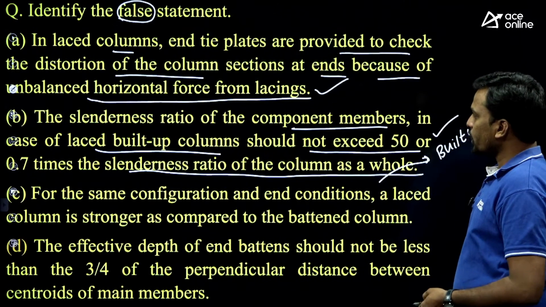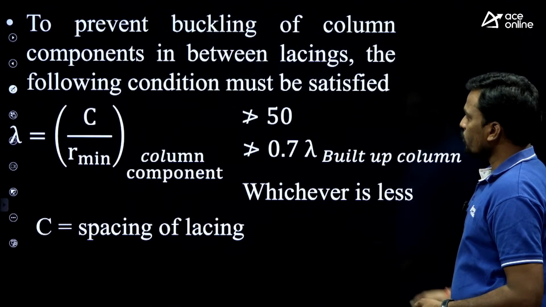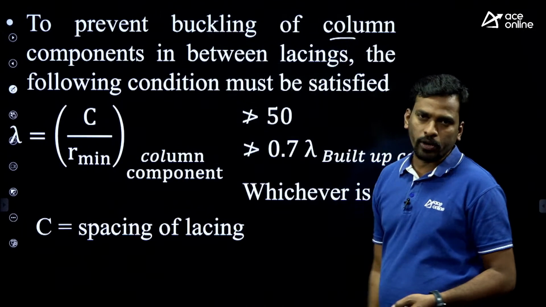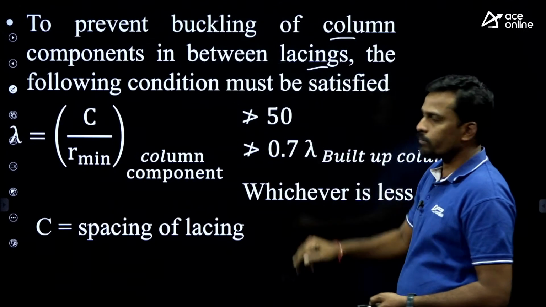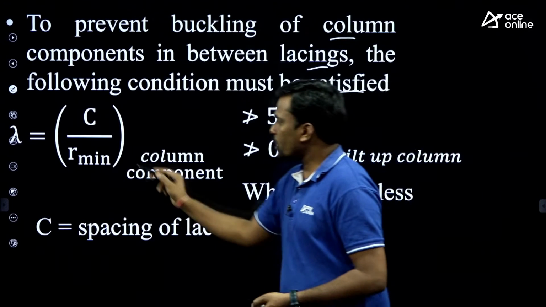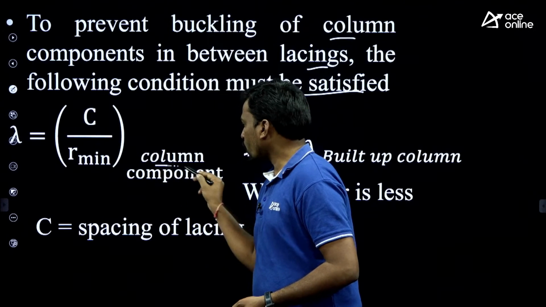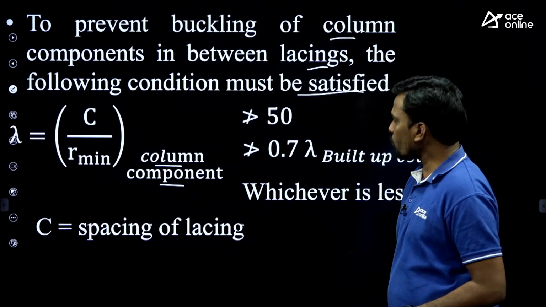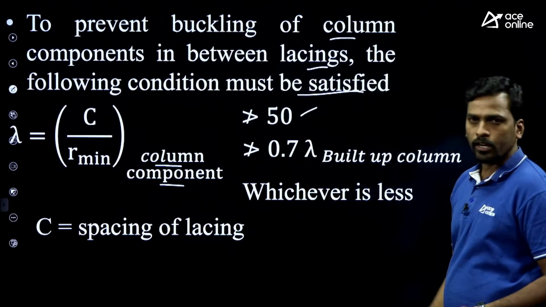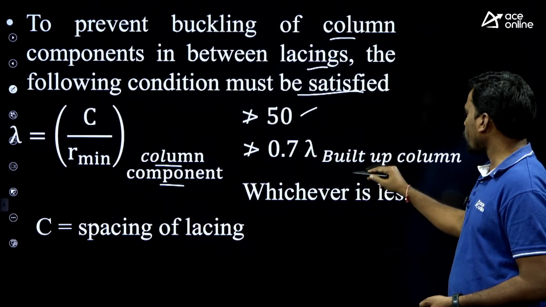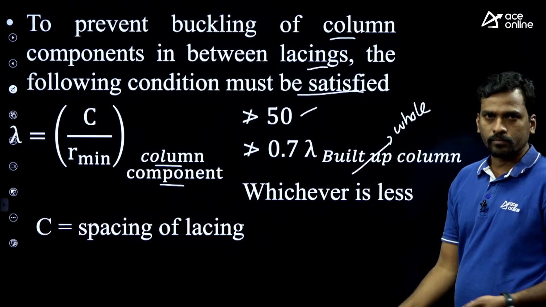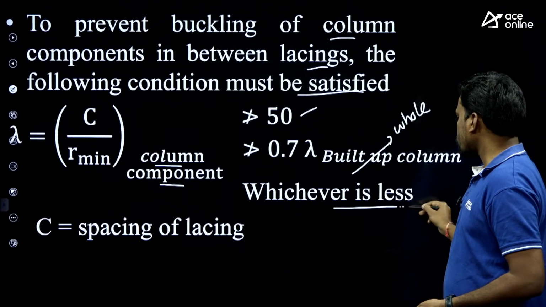There is one condition I gave. I'll show that condition now. Now this is the condition I gave, right? To prevent the buckling of column component in between the lacing, the following condition must be satisfied. Now this is the slenderness ratio of column component. It should not be greater than 50 and should not be greater than 0.7 times that of the built up column, that is nothing but the entire laced column. Out of these two, whichever is less we'll consider.